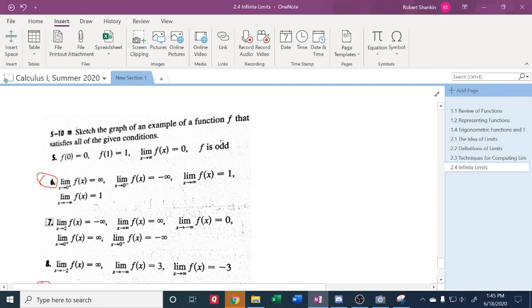sketch the graph of an example of a function that satisfies these conditions. And number 6, since we hardly have any time here, let me just do it myself real quick. As x approaches 0 from the right, my function goes off to infinity.